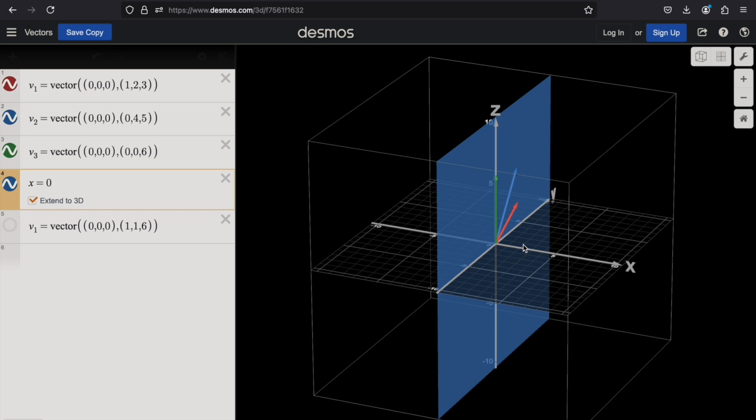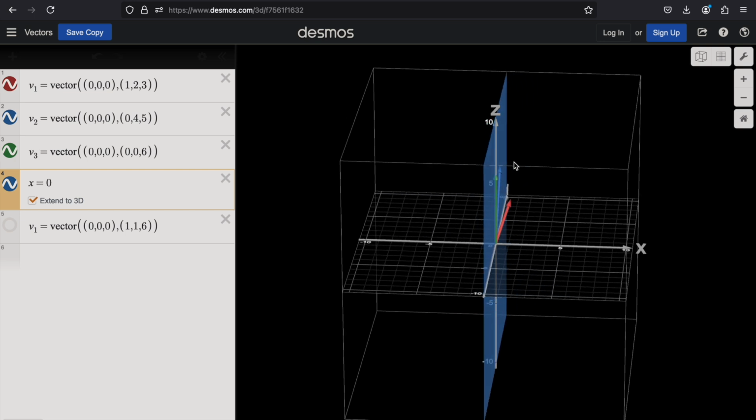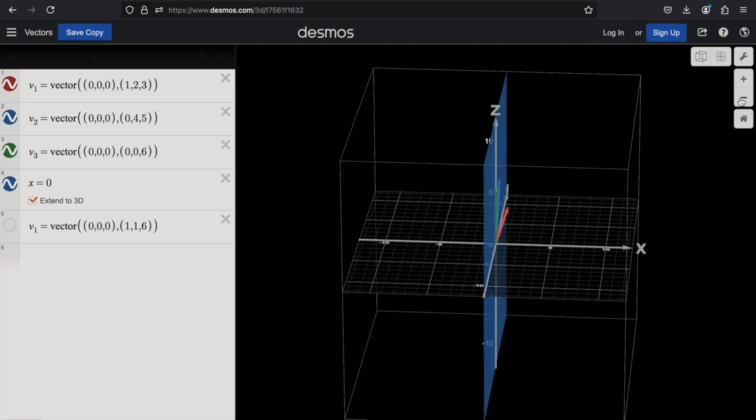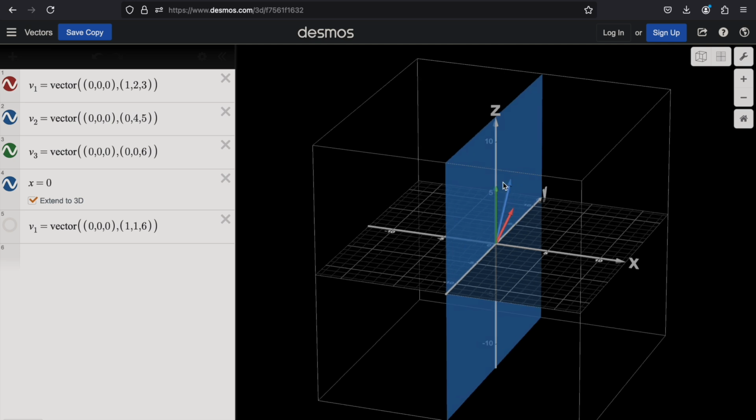So is it possible to get this first column vector 1, 2, 3 from any linear combination of the remaining two column vectors? No, not possible. We have seen in the previous lecture that the linear combination of these two vectors, because these two vectors are lying in this YZ plane, always remains in this plane.